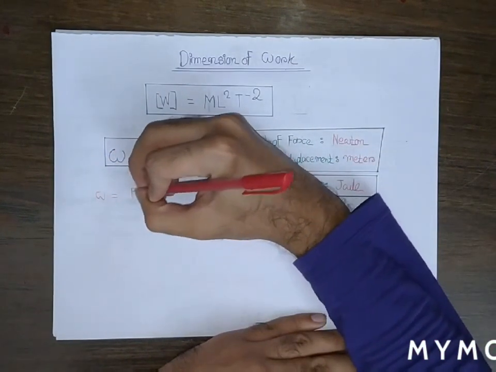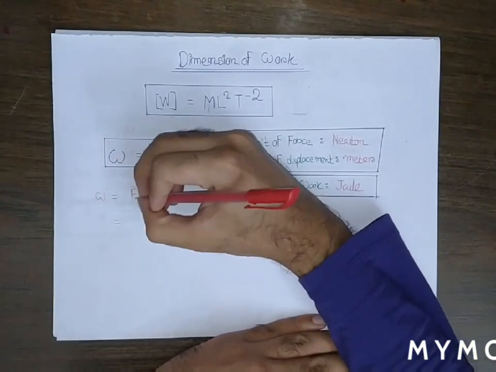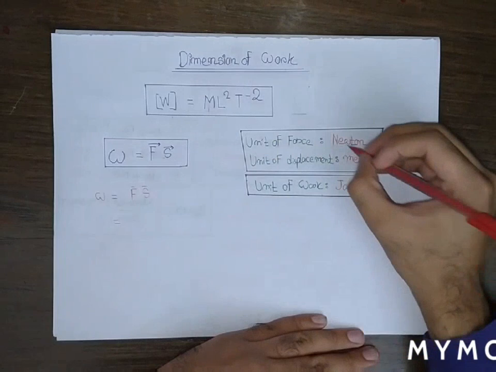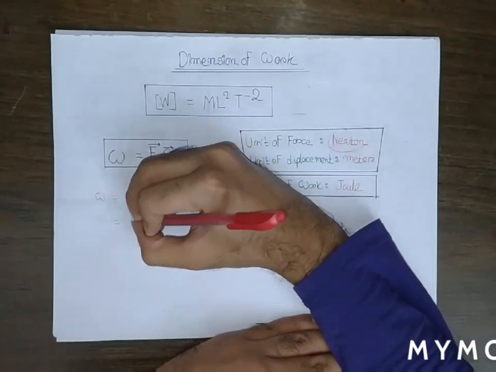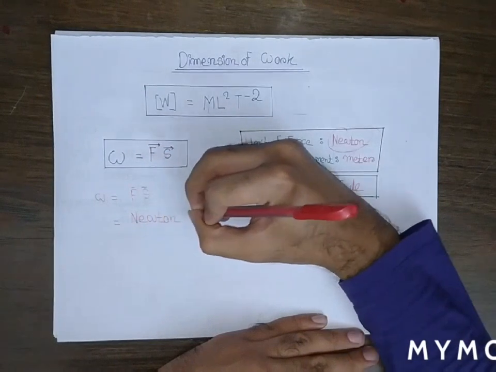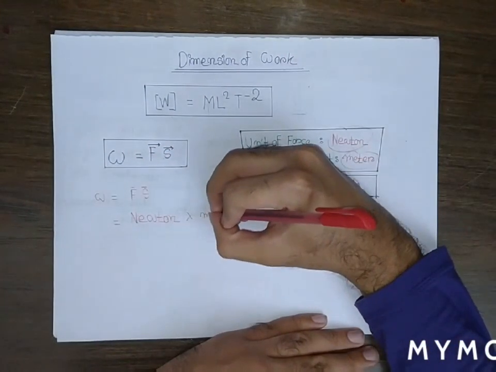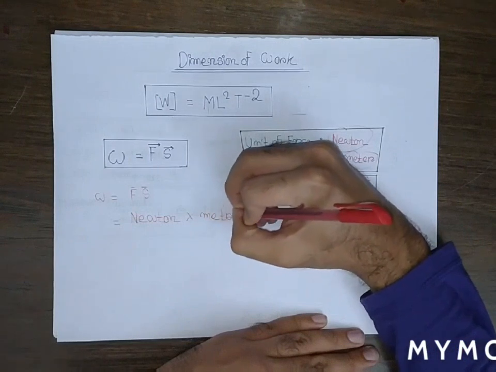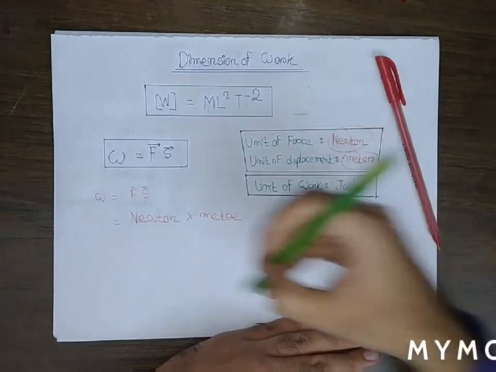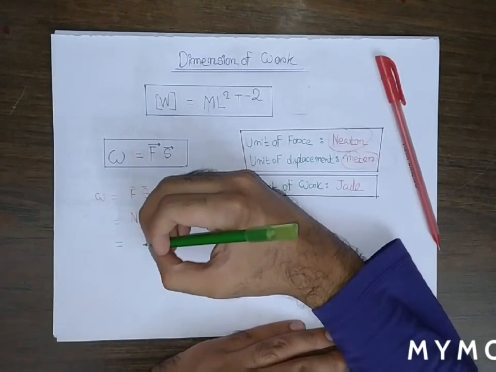W equals to F s equals to, we know the unit of force is Newton, so it's Newton into unit of displacement meter. Now we will break Newton like previously I have shown you.